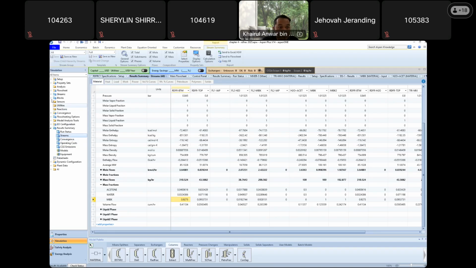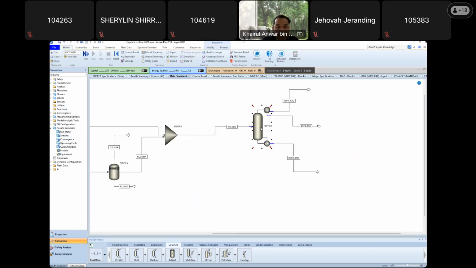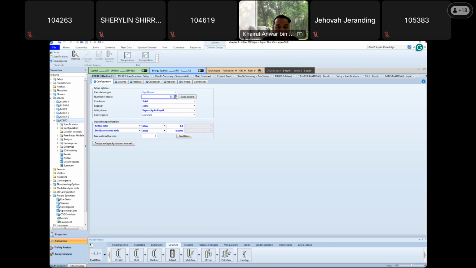Alright. Go to the log. This is 24 now, with a reflux ratio of 3.5. The feed will enter the tray flow.